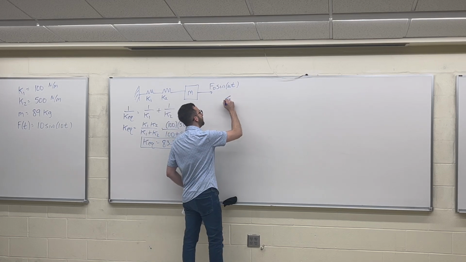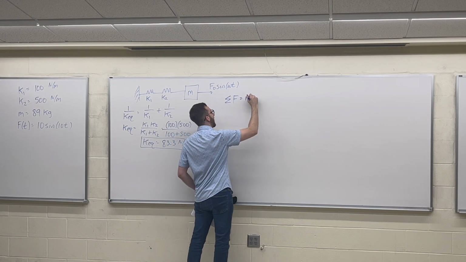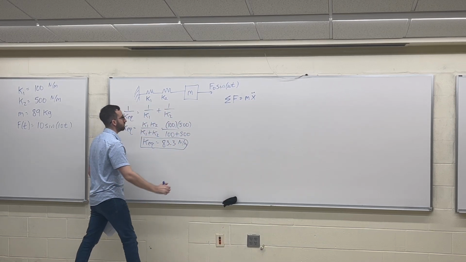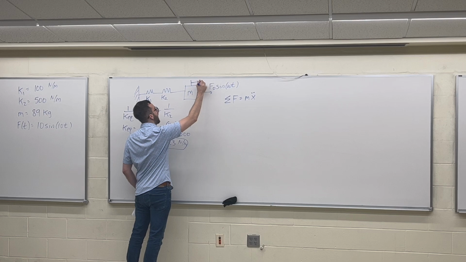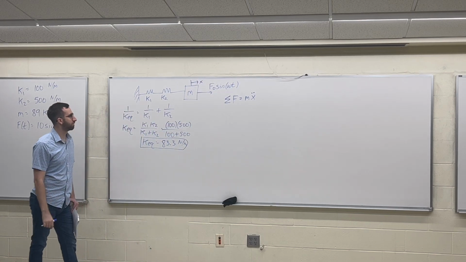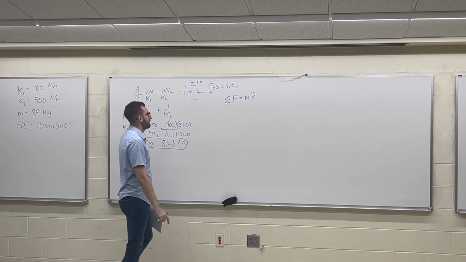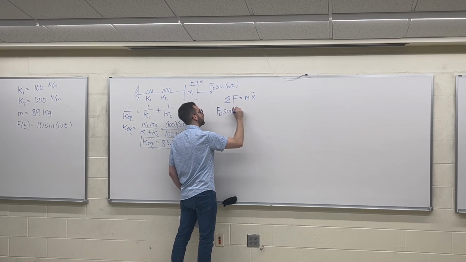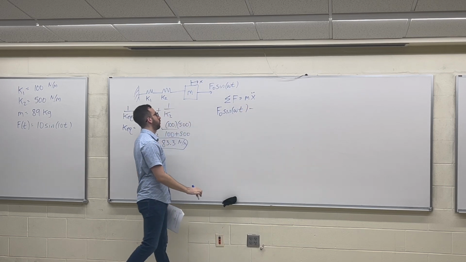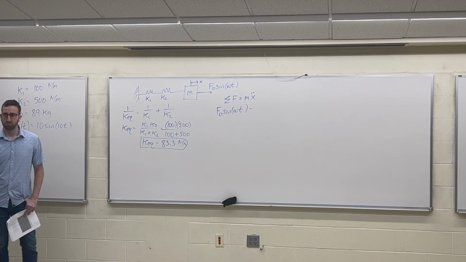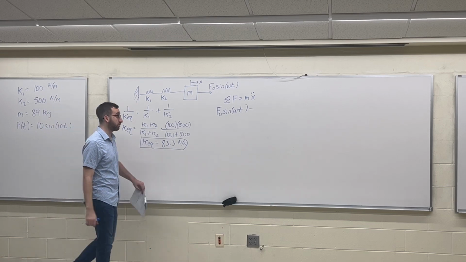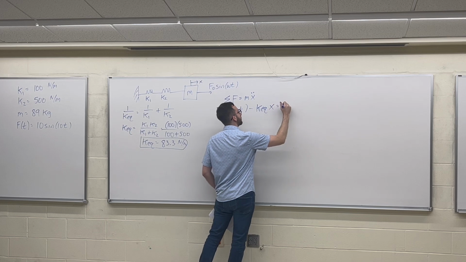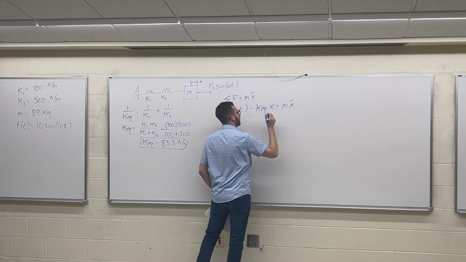So if we sum the forces about this, and say this is equal to m x double dot, we'll assume that this is the positive direction. So you have F naught causing that motion, that would be positive, minus what? K equivalent times x. K_EQ times x, right? That's the whole point of finding the equivalent stiffness, is that you can just write this as K_EQ times x. That'll equal m x double dot.